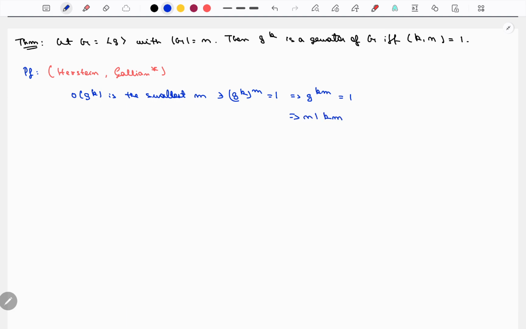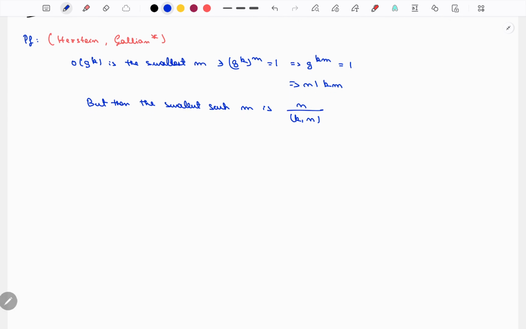But then the smallest such m is n over the GCD of k and n, because the GCD of k and n is the largest common divisor of n and k.